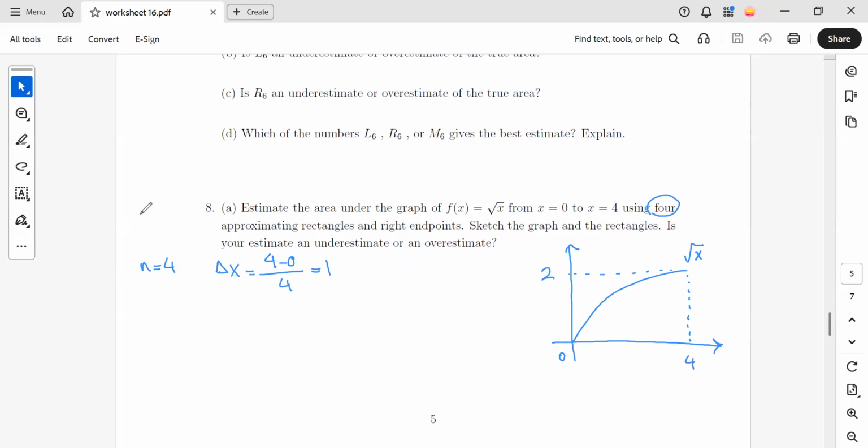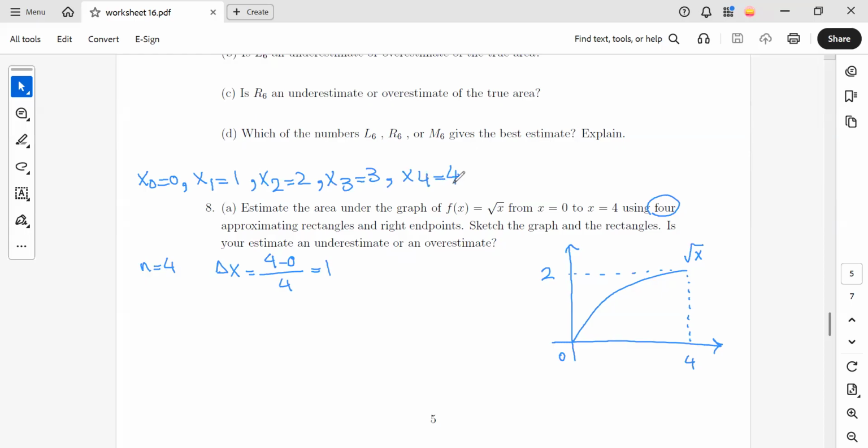And the points will be starting at 0, and the next one will be adding delta x to the previous one, which is 1. So the next ones will be 2 and 3, and the last one is 4.